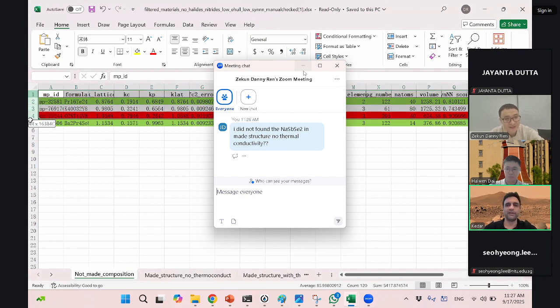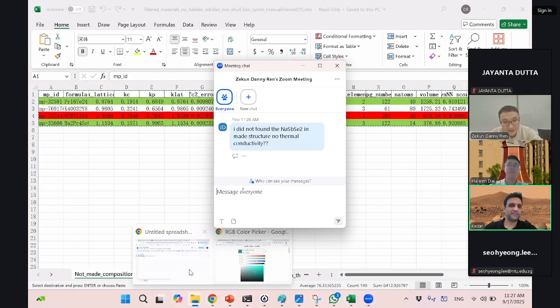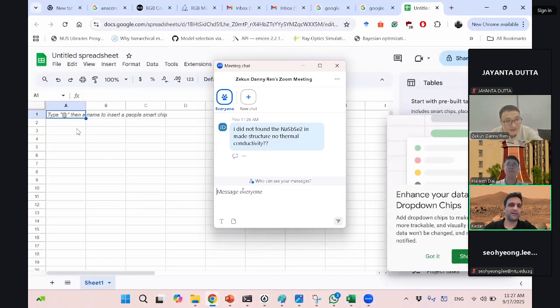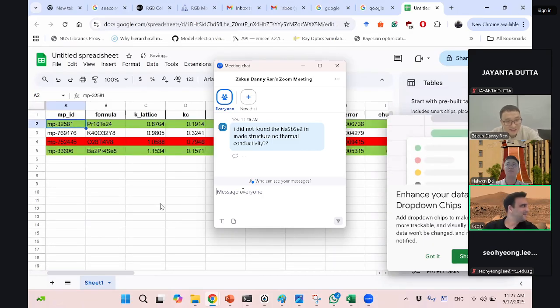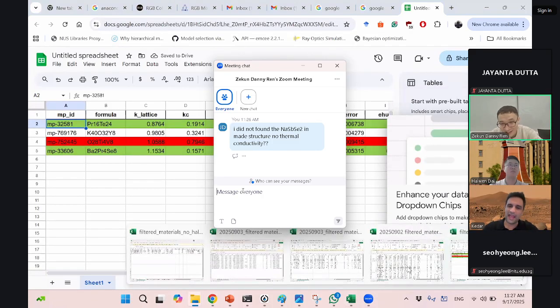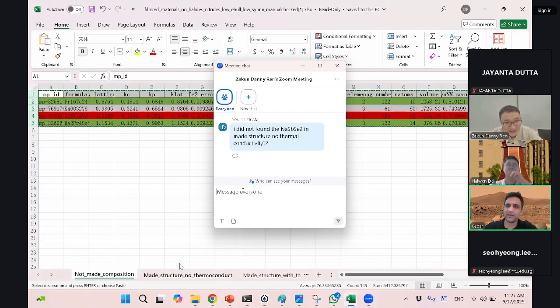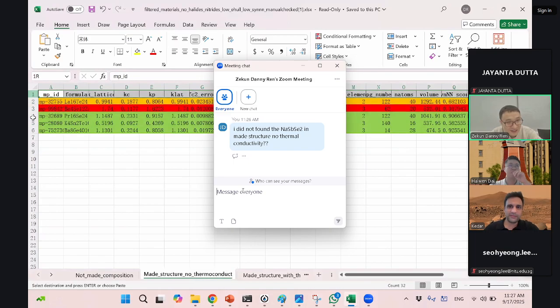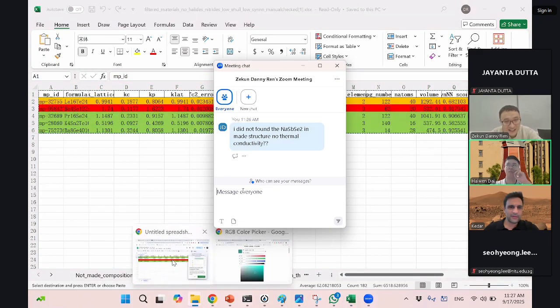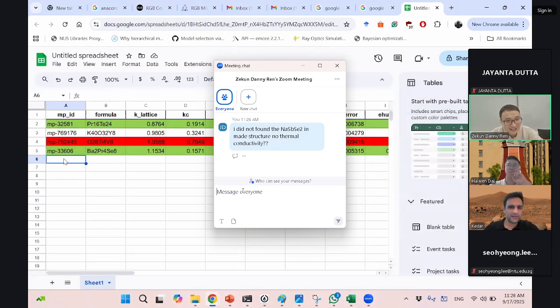Am I right, Hyman? Hyman's internet is really bad. I'm just combining everything together. Yeah, just combine it, it's fine. What is orange here? Orange means it has been made and has a thermal conductivity report. Ah, okay, I see.